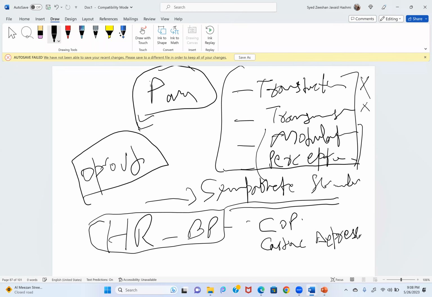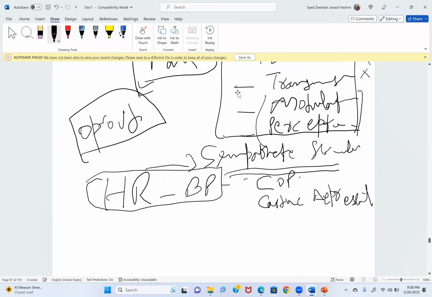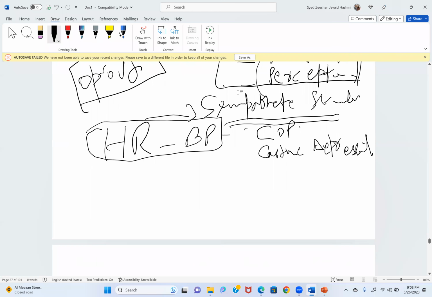If we look at the opioids which we are using, whenever there is pain, there is inflammation, and the opioids have no anti-inflammatory effect.